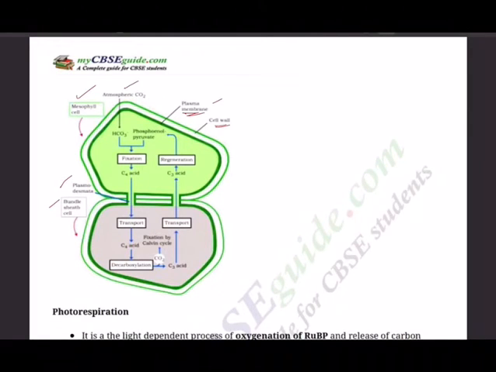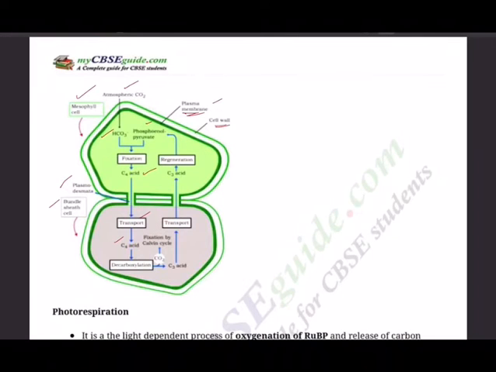Basically it's atmospheric CO2, which is absorbed by the mesophyll cell. So HCO3 and phosphoenol pyruvate, PEP, get fixed, and C4 acid will be formed. Oxaloacetic acid, OAA, gets transported through plasmodesmata to the bundle sheath.